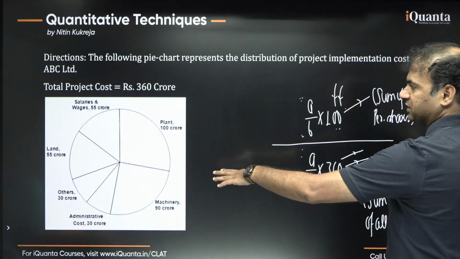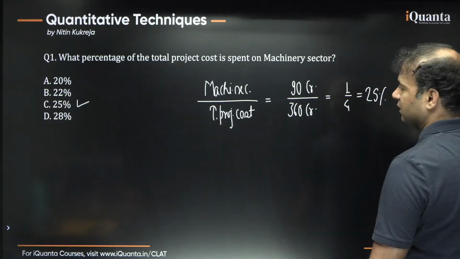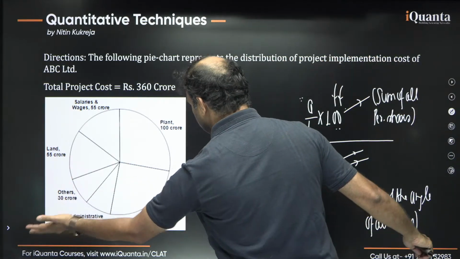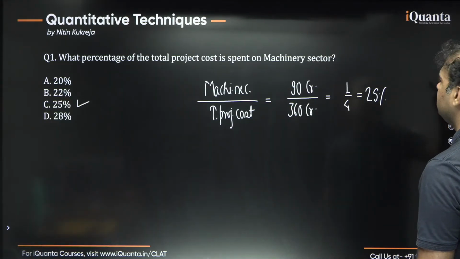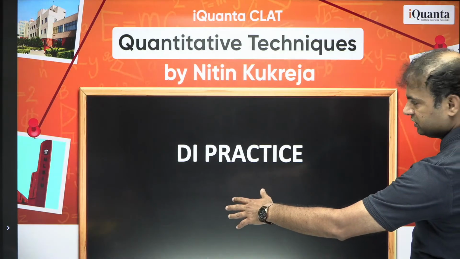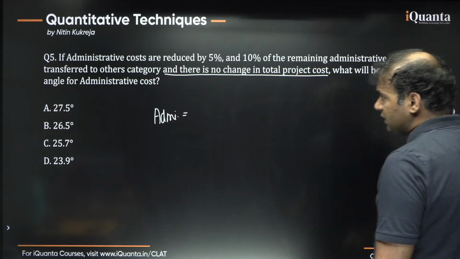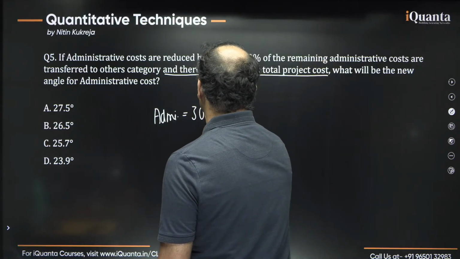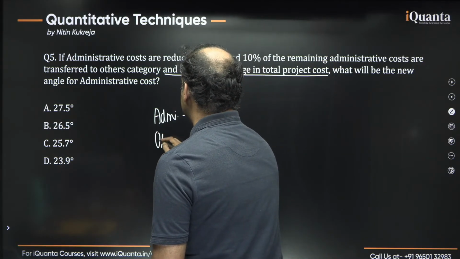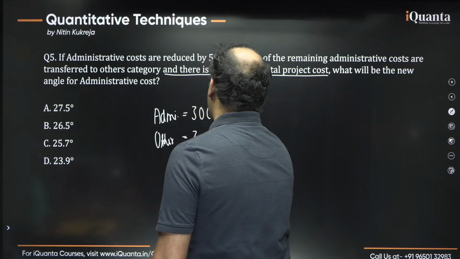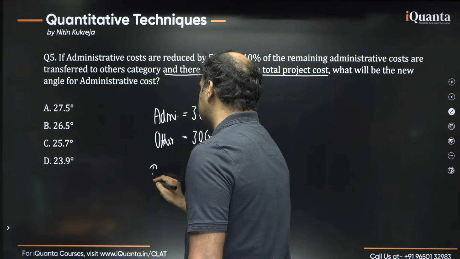Yeah, that was 30%, right? And there is one head called others as well, which is also given 30 crores. So administrative cost is 30 crores, the cost of the others head is 30 crores, and the total project cost is 360 crores.